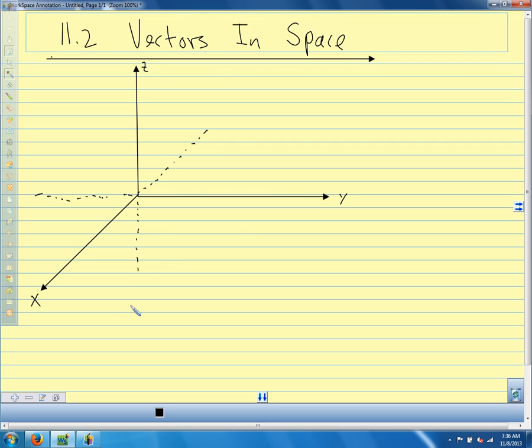And we will say that x is our distance from the yz plane. And y is the distance from the xz plane.